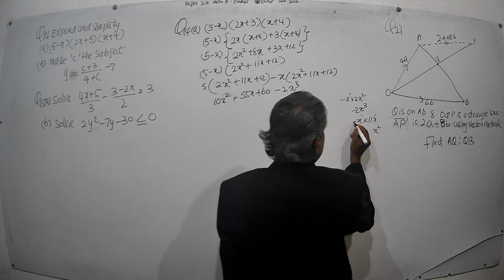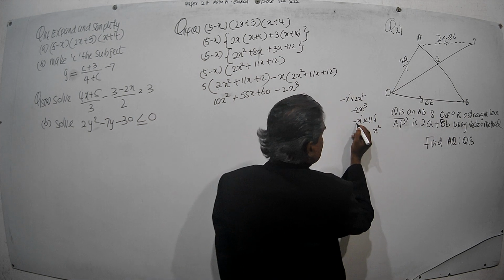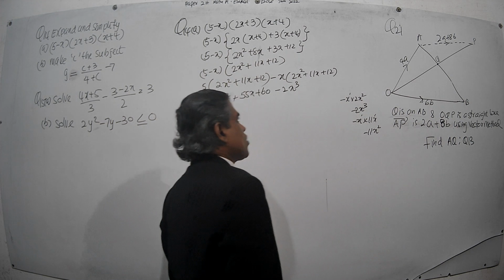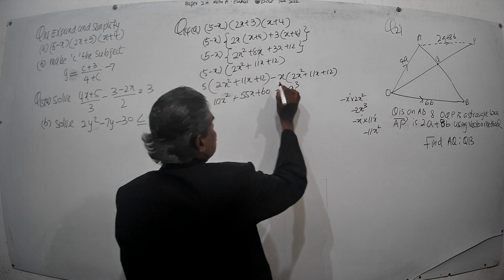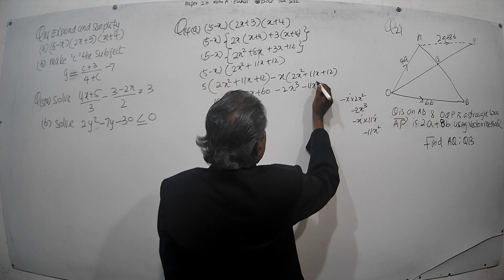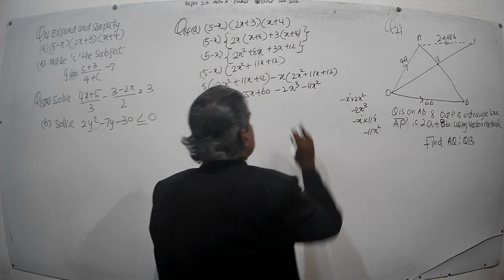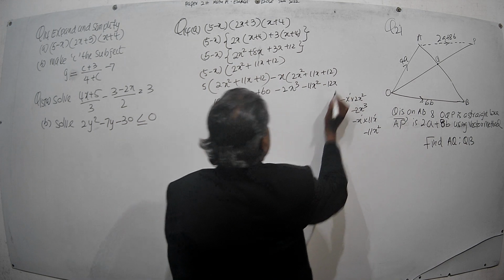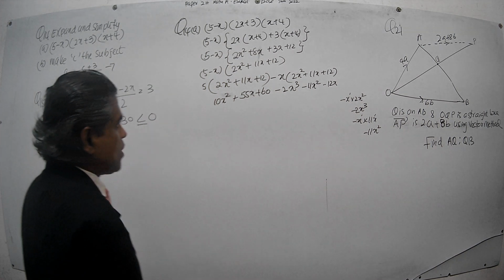Minus x means minus 1x. Minus 1 times 11 is minus 11. So when you multiply minus x by 11x, it will be minus 11x square. Then minus x times 12 is minus 12x. Okay, that is that.